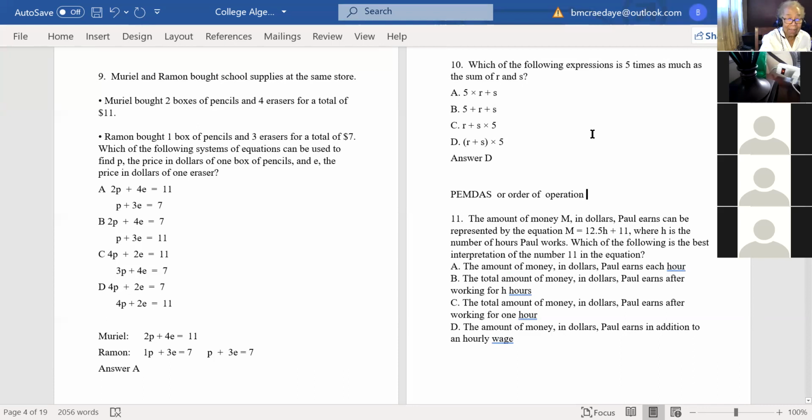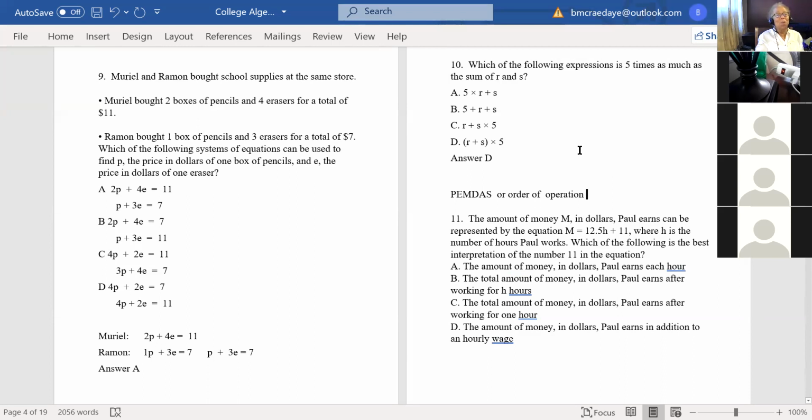D is the only one that puts this in parentheses, where PEMDAS says do the parentheses first. P for parentheses. That means you've got to put the parentheses around that sum and then multiply by 5 times as much. You follow?